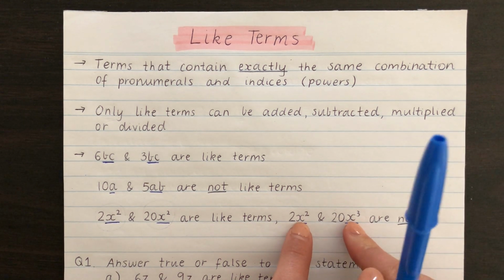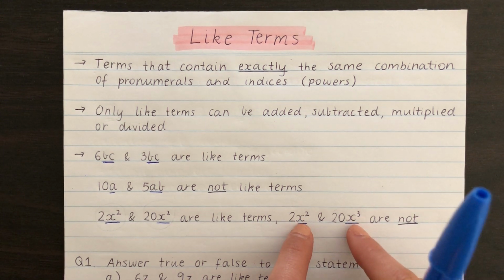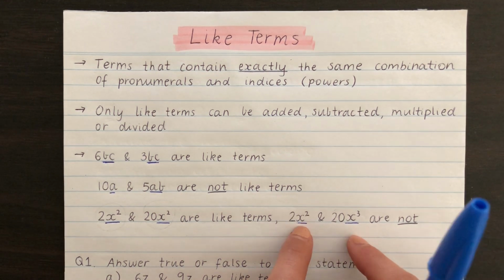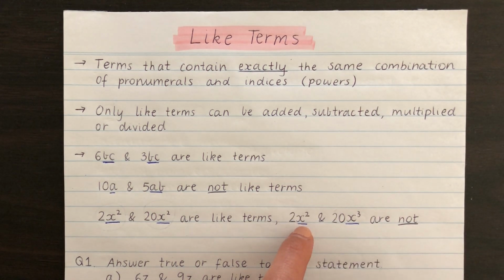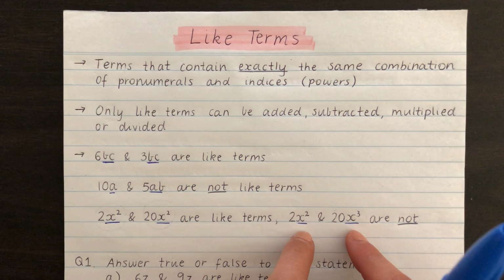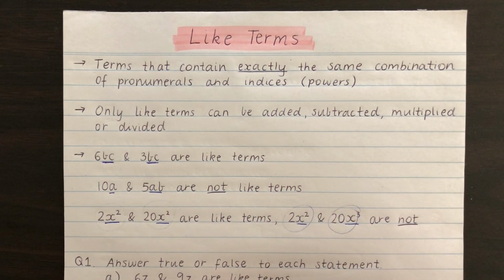Yes, they both have an x in them, but this is to the power of 2, this is to the power of 3. So they are not the same pronumerals to the same power. They're different. This is to a 2, this is to a 3, which makes them different, and hence the overall terms are not like terms.